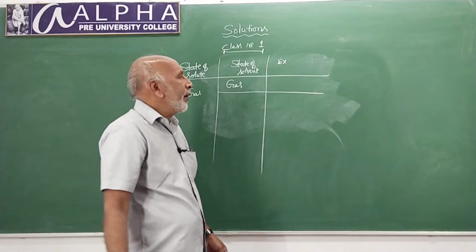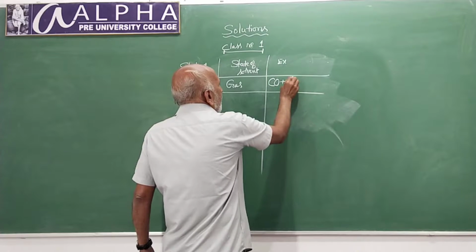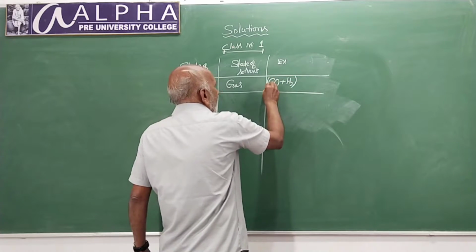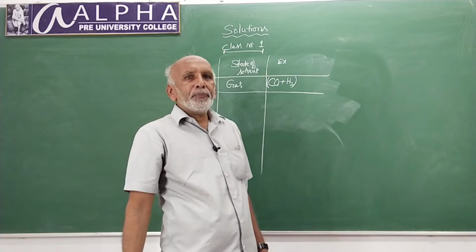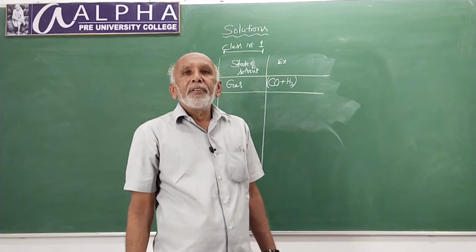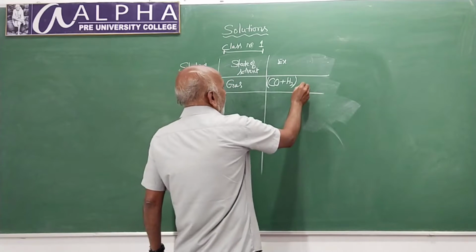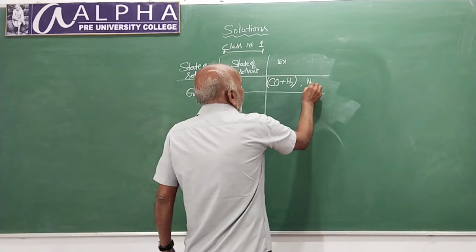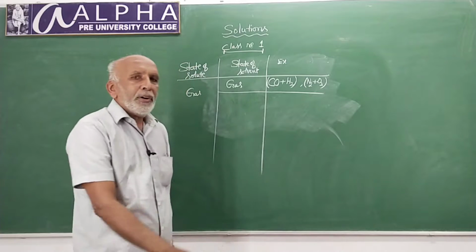Or else you can give this example: mixture of carbon monoxide and hydrogen. Here carbon monoxide gas, hydrogen gas. It is water gas. Carbon monoxide, hydrogen, mixture of nitrogen and oxygen, and so on.